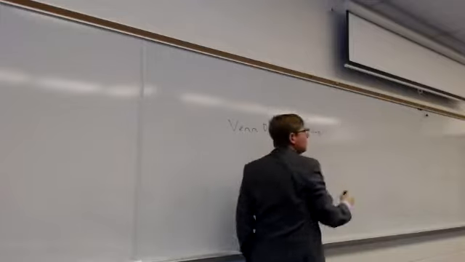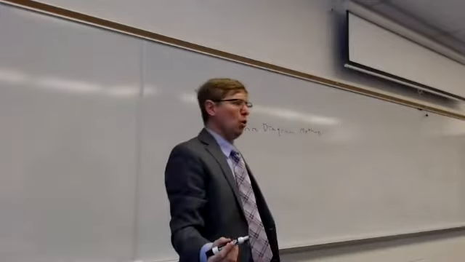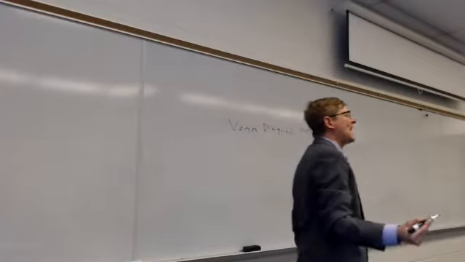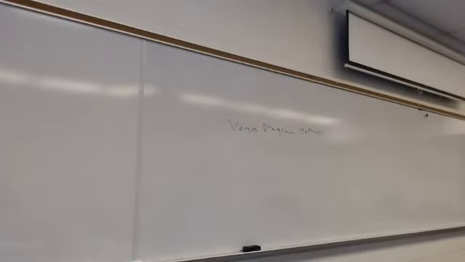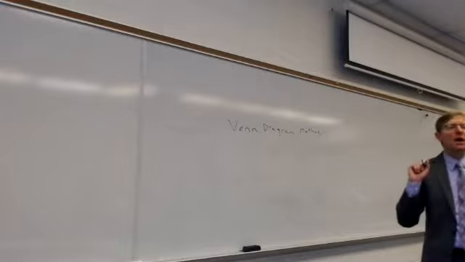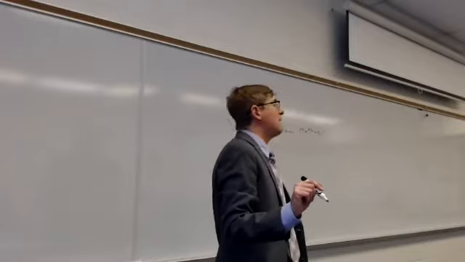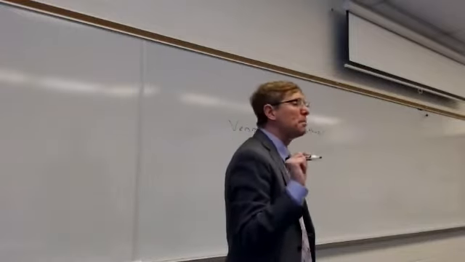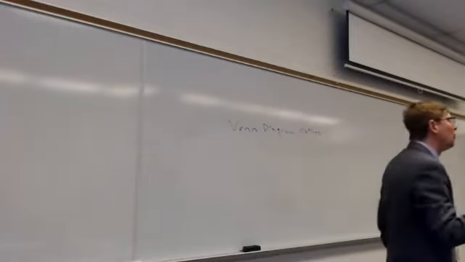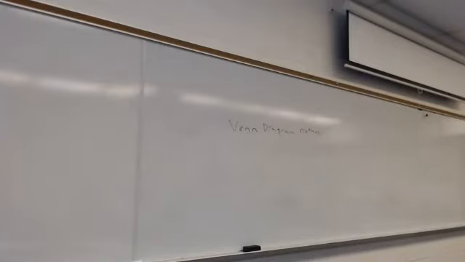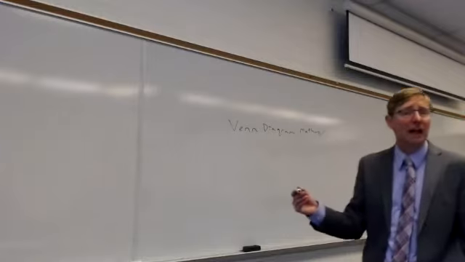I'm going to be giving you the preliminary tools for applying the Venn diagram method for testing syllogisms for validity. Unlike what I will be calling the counterexample method, Venn diagramming, if done properly, is a foolproof method for determining whether or not a syllogism is valid or invalid.